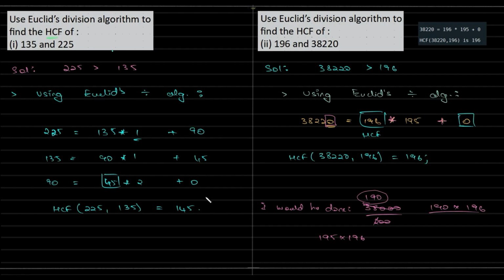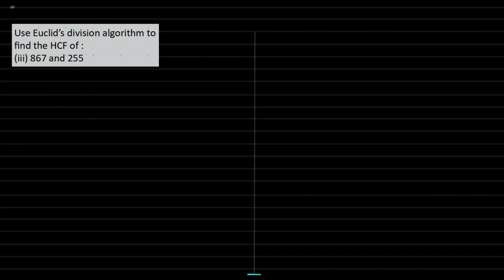One last question. Solution. We have 867 which is greater than 255. Again, we are using Euclid division algorithm to figure it out. So we are starting off with 867 being equal to 255 into, let me use that method over here. Clearly I can approximate this to around 800ish, and this is around 250, right?